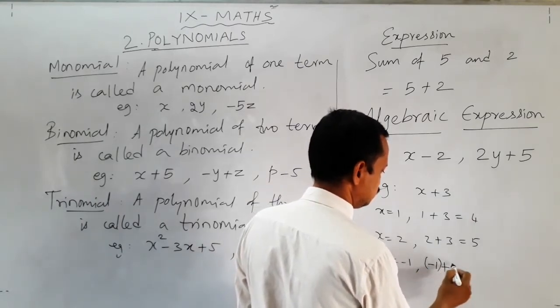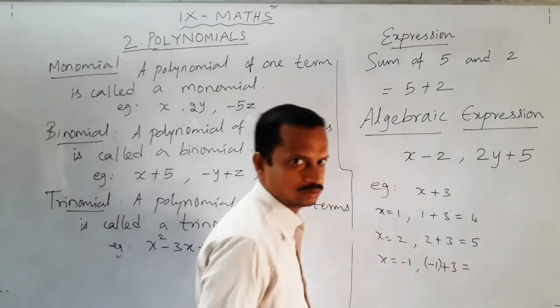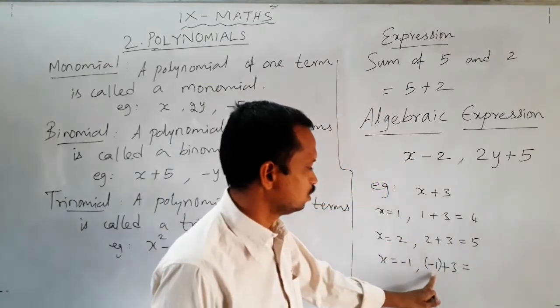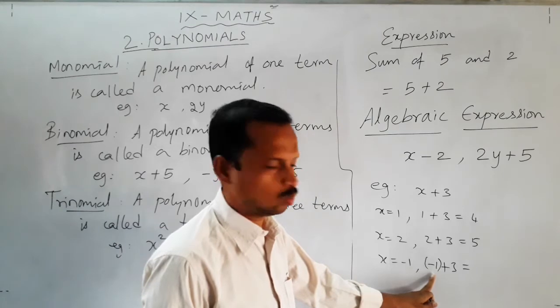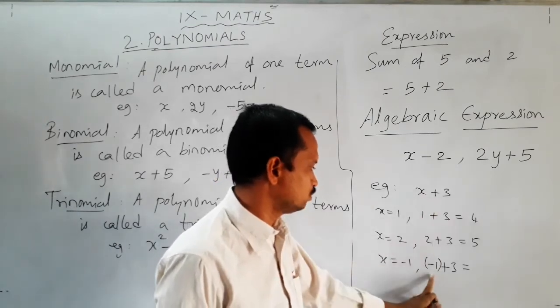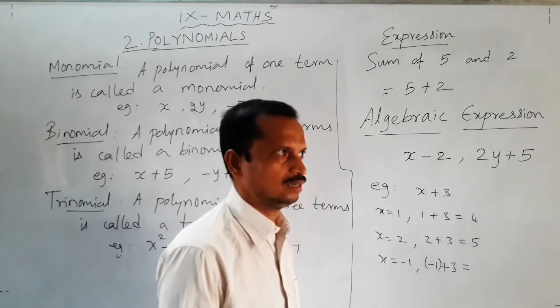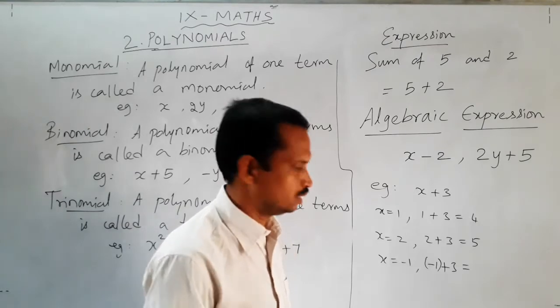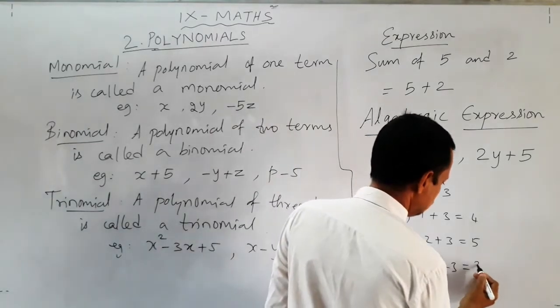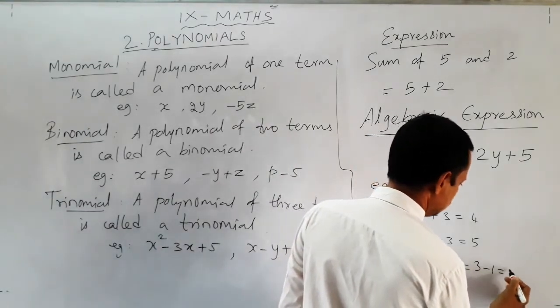Put brackets around minus 1 to avoid confusion. For x we put minus 1, so minus 1 plus 3, which is nothing but 3 minus 1, which is 2.